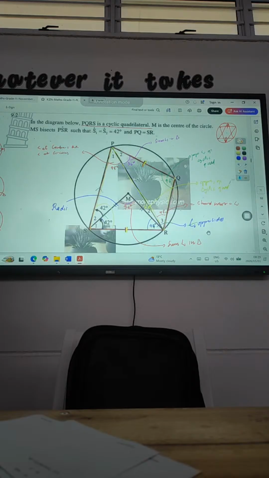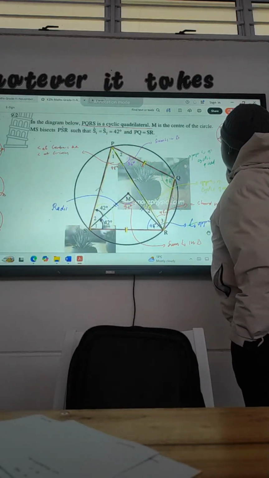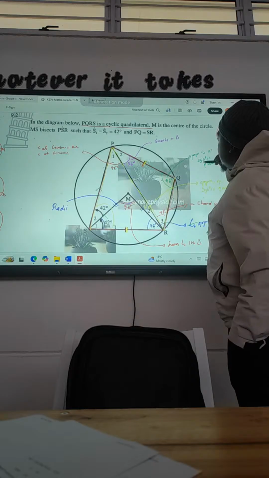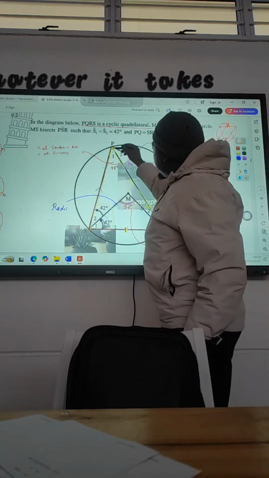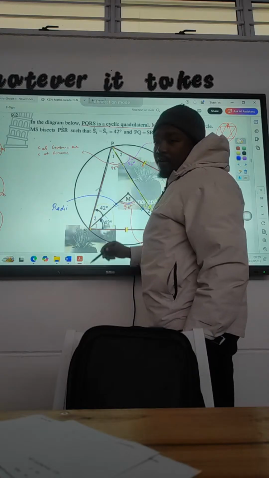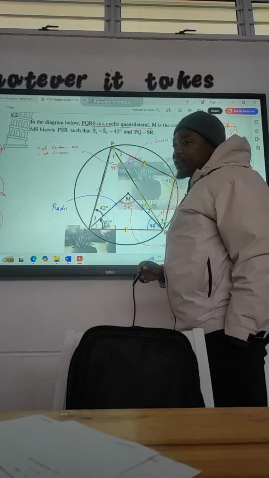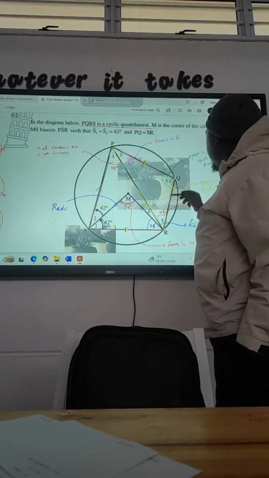And then we have the last question that says we have to prove that SP is parallel to QR. Where is SP? Let me just use the blue color. Here is SP. SP is parallel to QR.